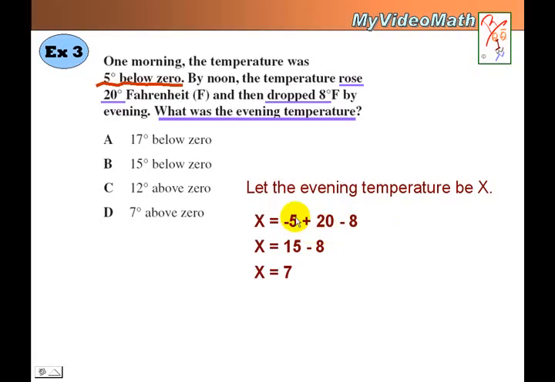So rose means addition, dropped means subtraction, so -5 plus 20 minus 8. -5 plus 20 is 15. Take away 8 is 7. So the evening temperature would be 7 above 0 because it's positive.